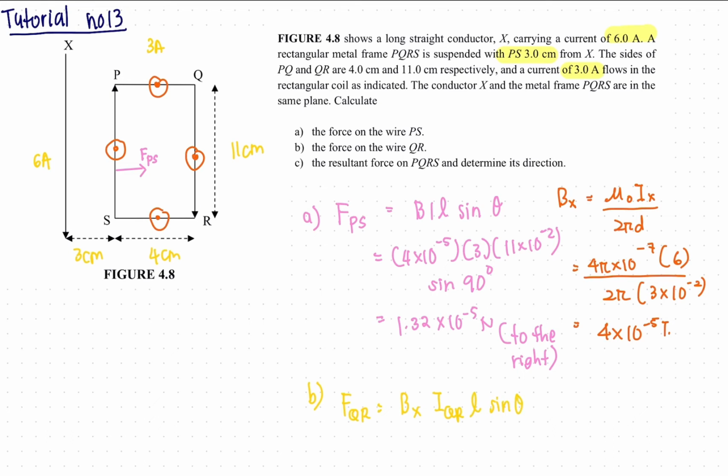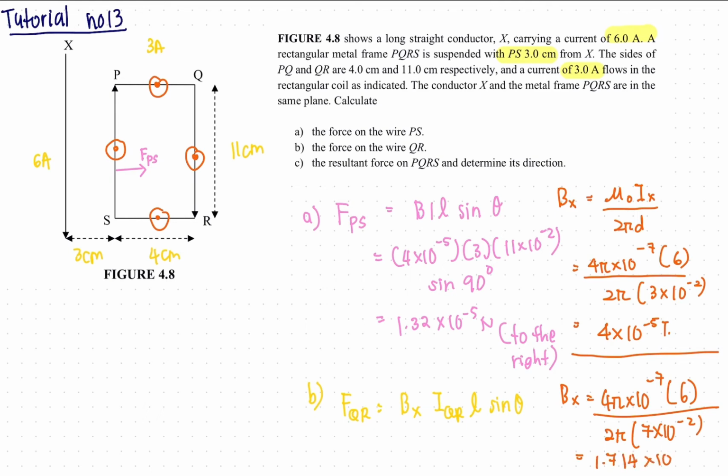For that we first need to find B due to X at wire QR, which is mu naught 4 pi × 10^-7 times current on X over 2 pi. The distance between this wire and wire X is how much? 4 plus 3, so we get 7 cm. Okay, so BX will be 1.714 × 10^-5 Tesla.